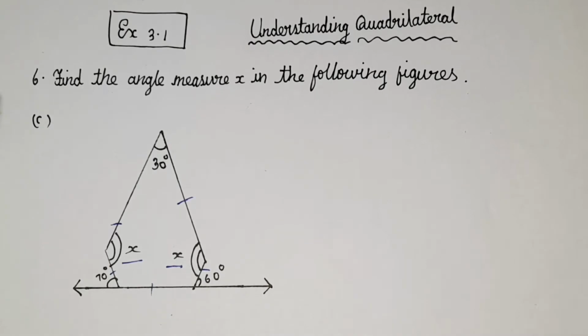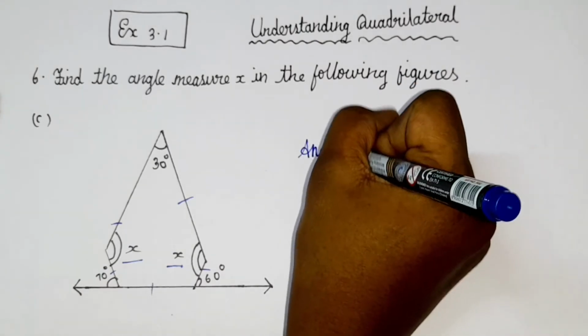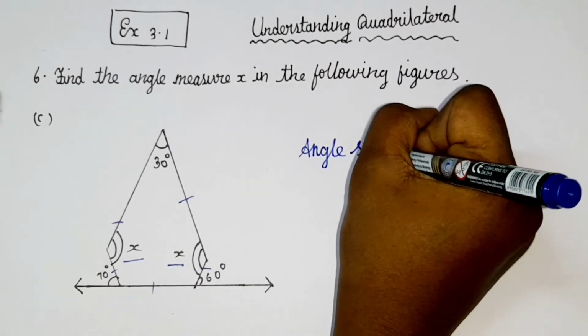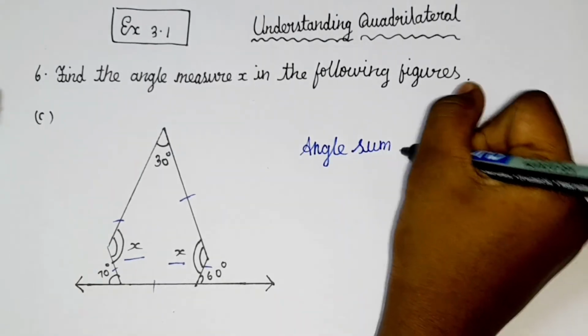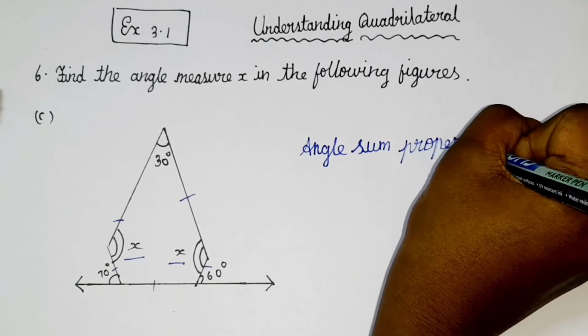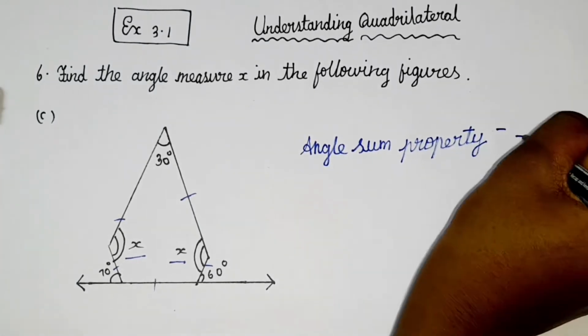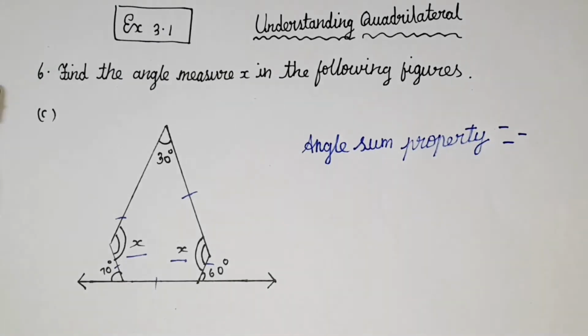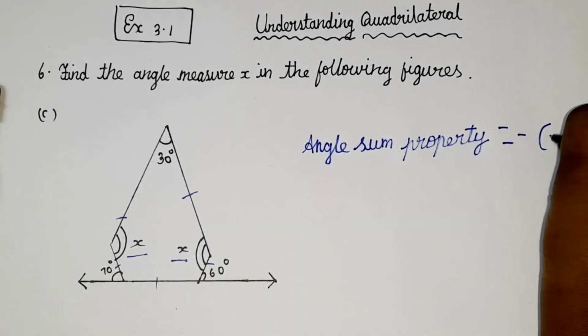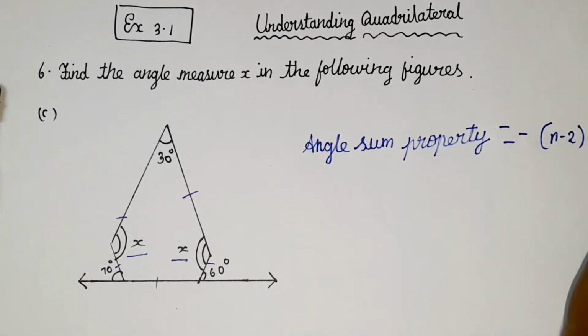So here there is an angle sum property. Let me write angle sum property. The angle sum property is (n minus 2) into 180 degrees.